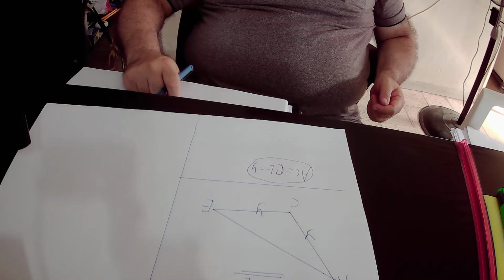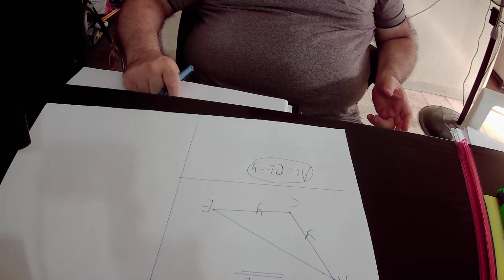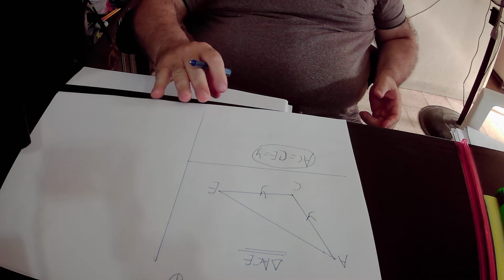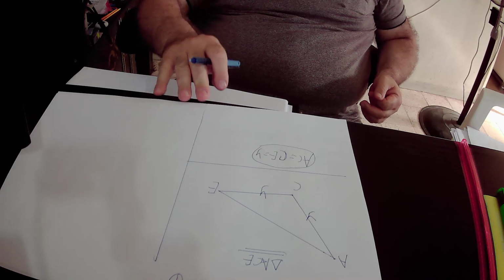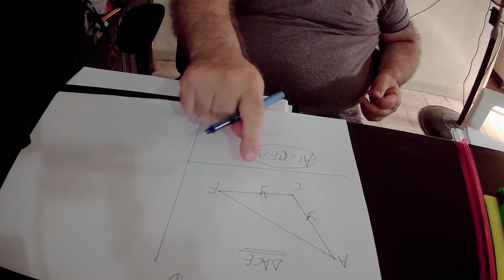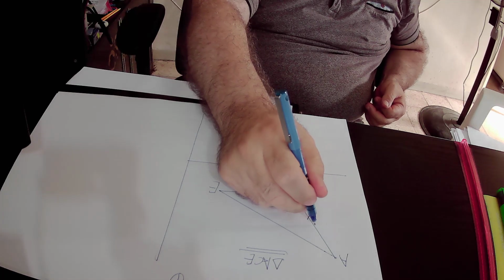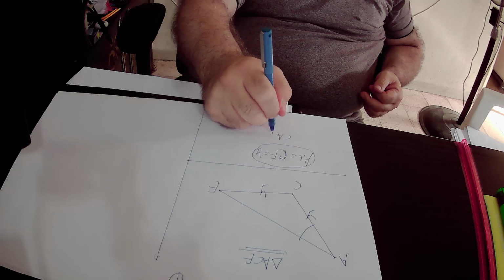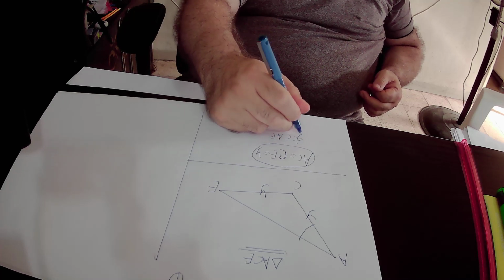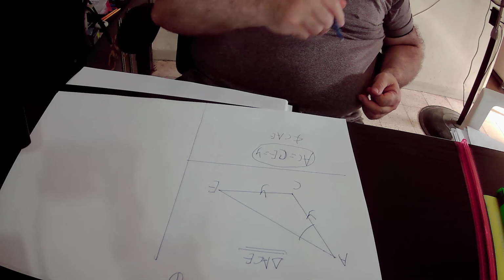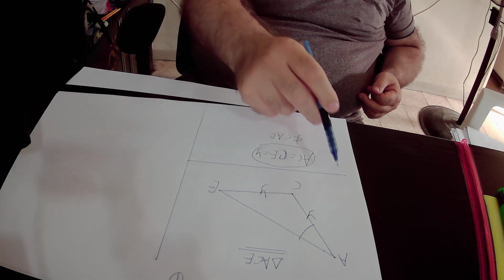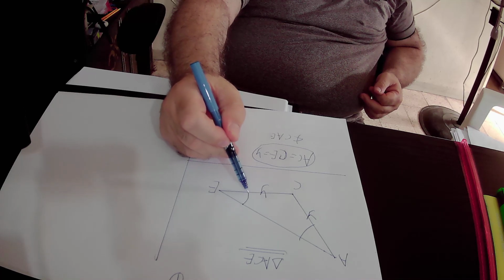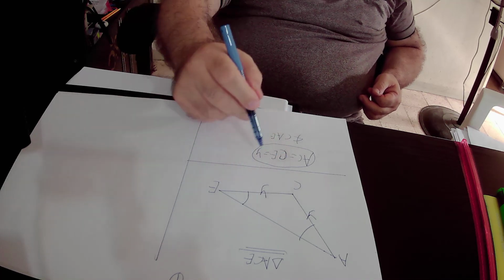And we have the rule that in front of equal sides in the triangle, there are equal angles. So in front of this side, we have this angle that is actually angle CAE. And in front of this side, side AC, we have this angle that is actually angle AEC.